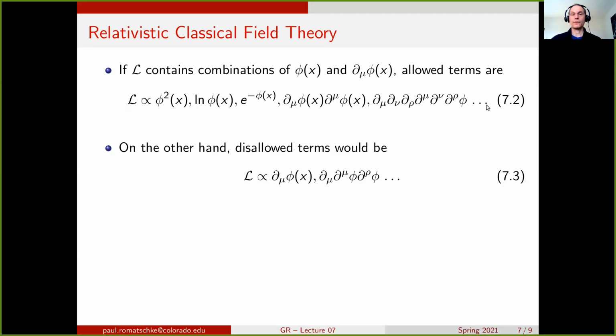On the other hand, terms that would not be allowed are things that are not scalars under special relativity transformations, such as d mu phi on its own, d mu phi d rho phi, because this has a free index d rho, or other things that carry free indices, basically.